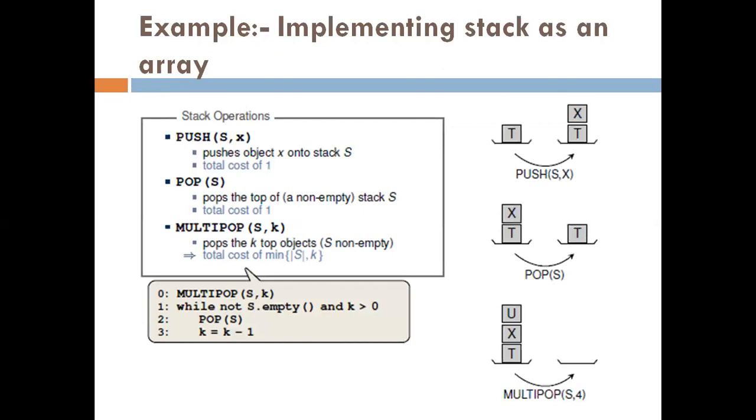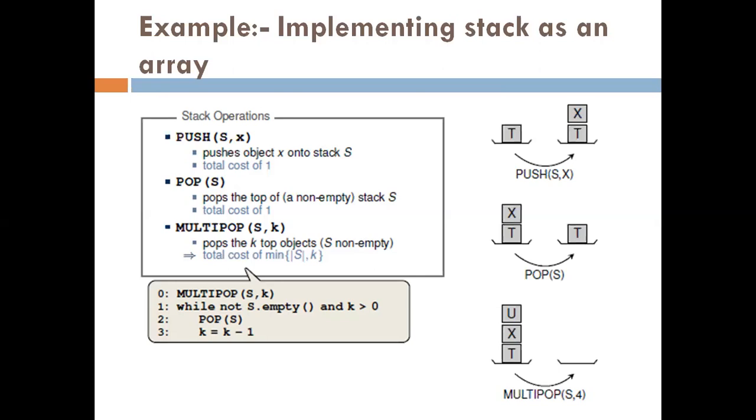So we'll see one example, implementing a stack as an array. Basically we are performing different operations on a stack, like push operation and pop operation. Push means if we want to insert object x onto the stack S. That is the push operation.